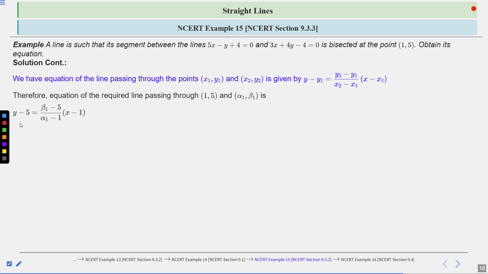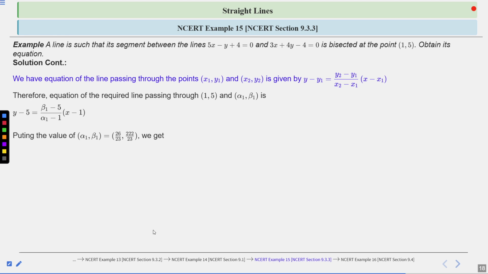Then we obtain the equation of the required line passing through the point 1 comma 5 and alpha 1 comma beta 1 as y minus 5 equal to (beta 1 minus 5) divided over (alpha 1 minus 1) times (x minus 1). Now putting the values of alpha 1 comma beta 1: the value of alpha 1 is 26 over 23, and the value of beta 1 is 222 divided over 23.